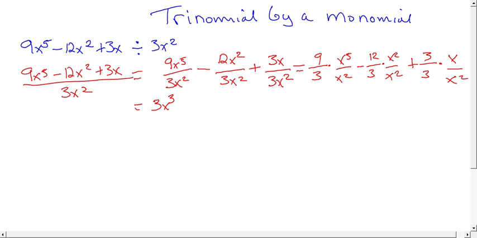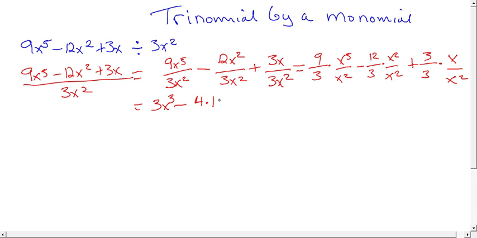Okay, so here I have again my minus, and I have 12 divided by 3. That's going to give me 4, and notice here I have x squared divided by x squared. That's literally 2 minus 2, which is going to give us x to the 0 power, which is literally 1.